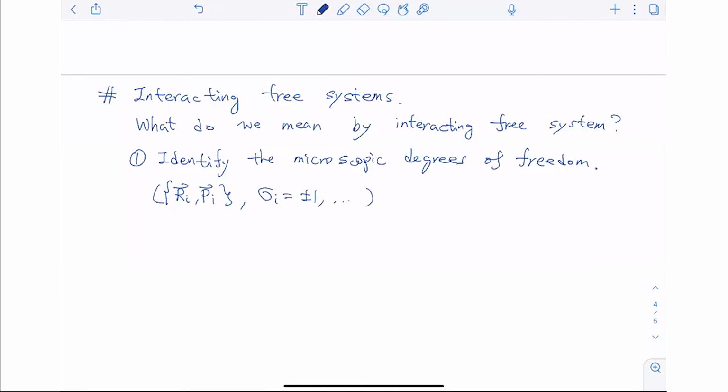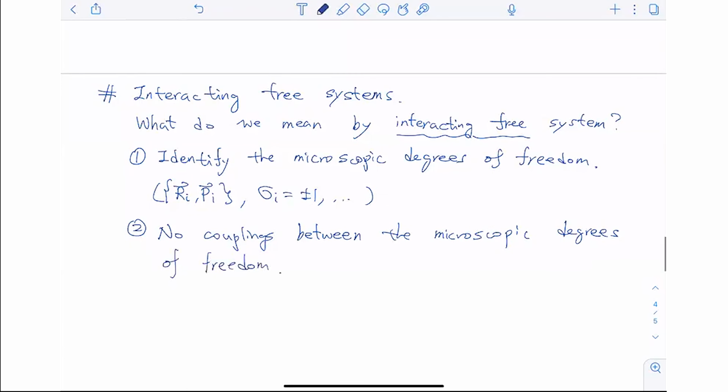Okay. So for those systems that are considered to be interaction-free, it means that there's no coupling between those microscopic degrees of freedom. Okay.